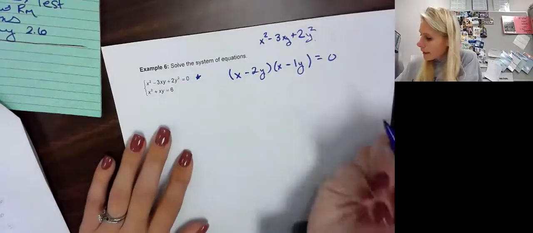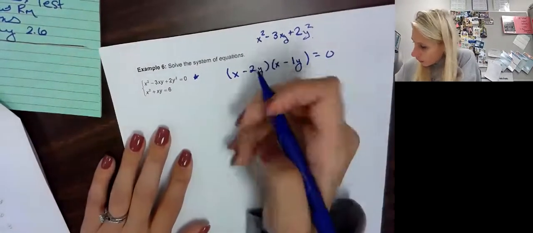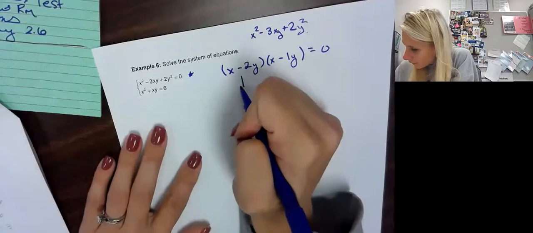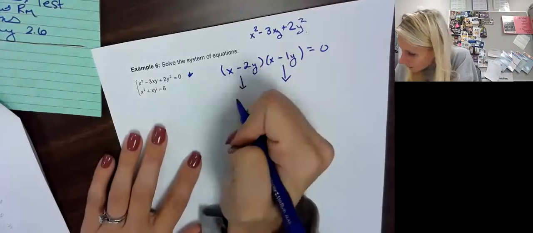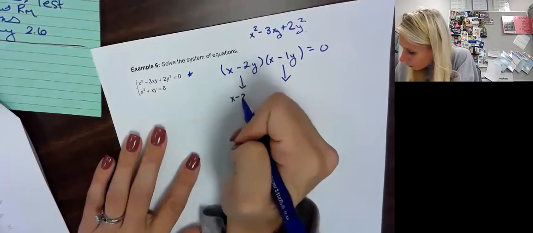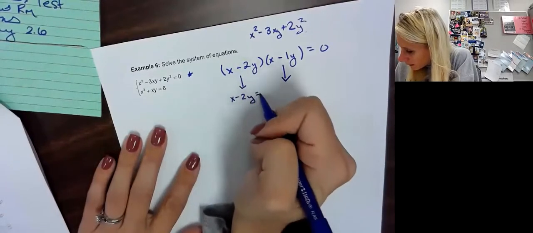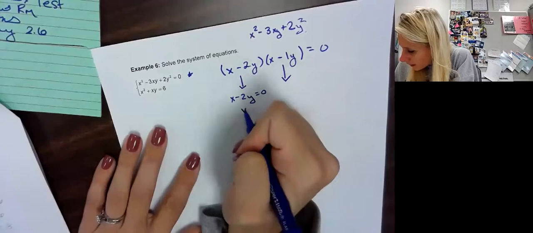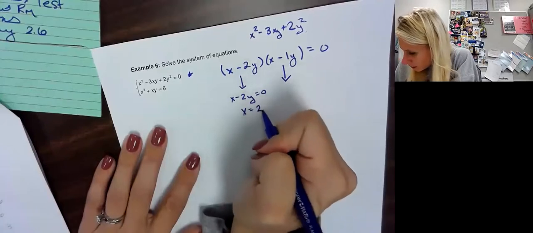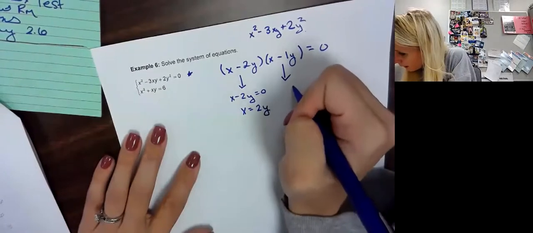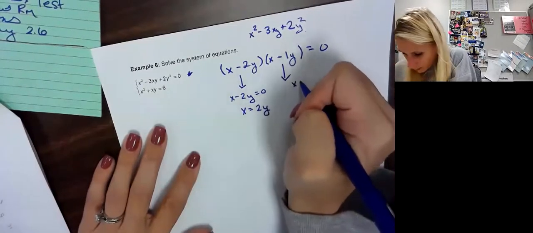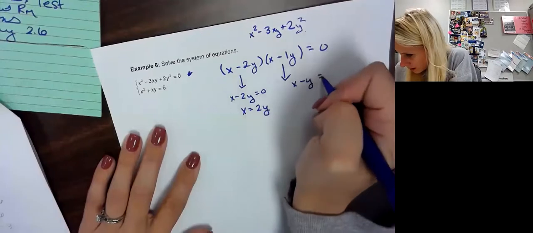Now, what happens here is I'm going to solve for a variable here and solve for a variable here. Okay, so I get x minus 2y equals 0. So x equals 2y. Where here we have x minus y equals 0.